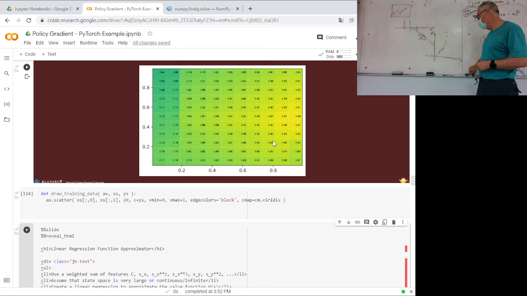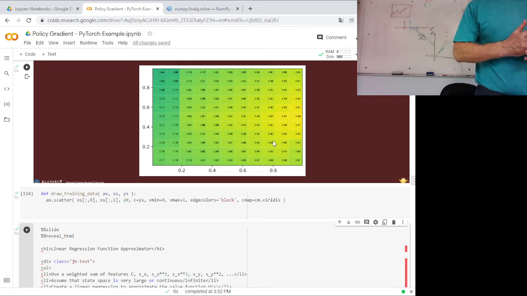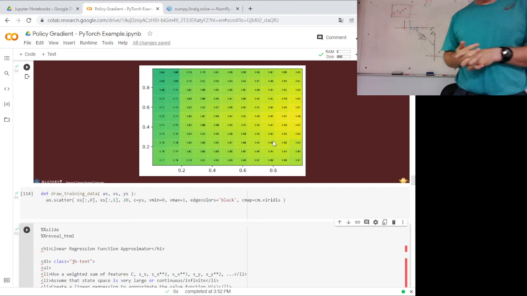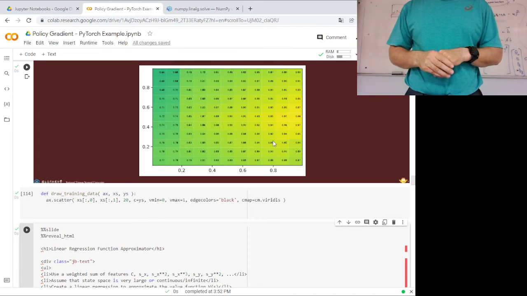Now, I've implemented that also in the Jupyter notebook, but right now we want to use it using PyTorch, because PyTorch is a very popular library for doing deep learning, AI, a lot of numerical computations, and also reinforcement learning.